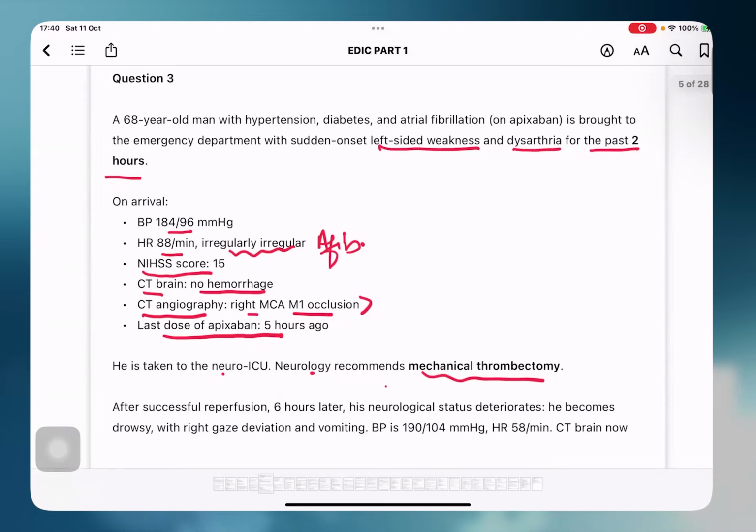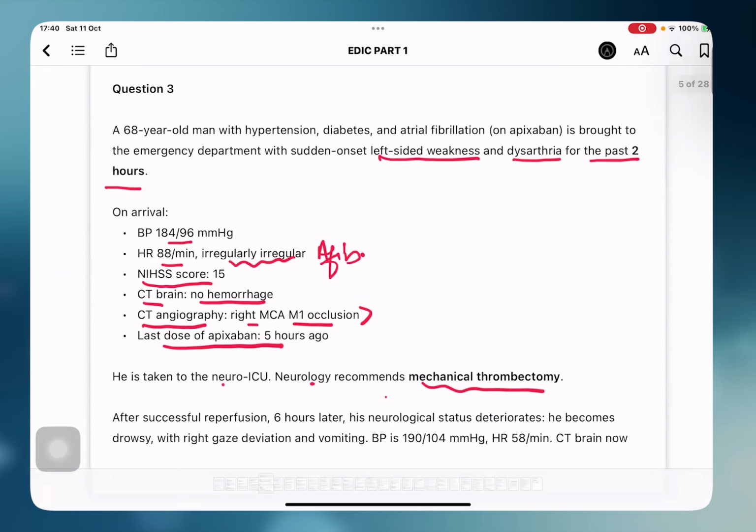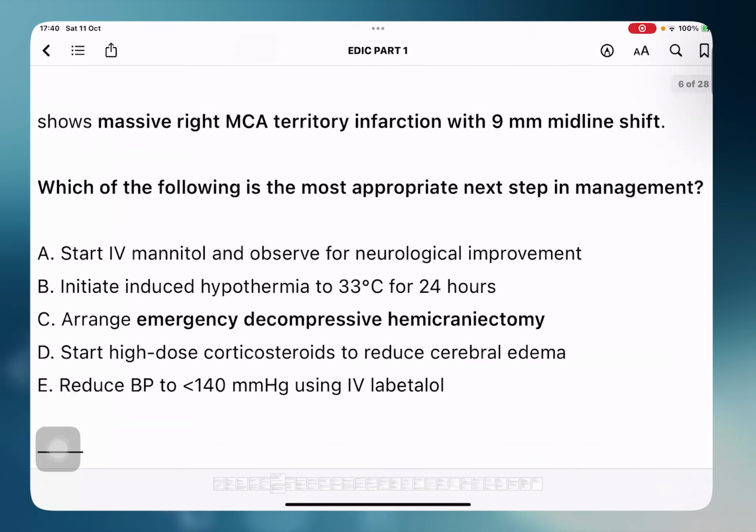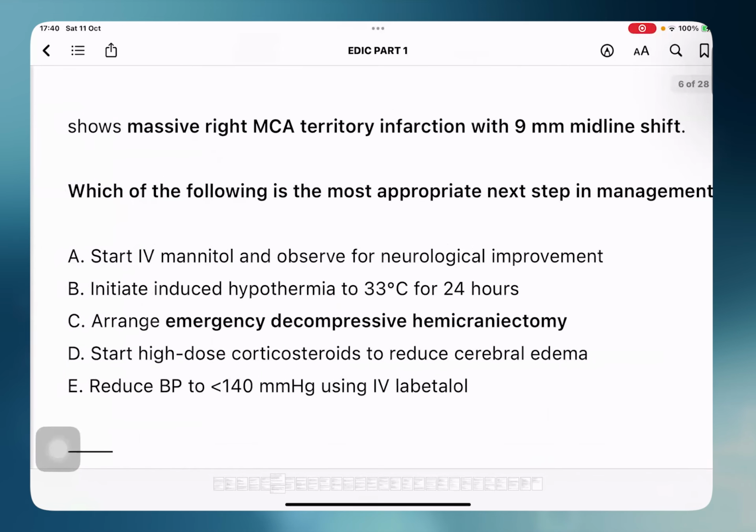After successful reperfusion, 6 hours later, his neurological status deteriorates. He becomes drowsy with right gaze deviation and vomiting. Blood pressure is 190 by 104. Heart rate is 58. CT head is done again and it shows a massive right MCA infarction with 9 mm midline shift.